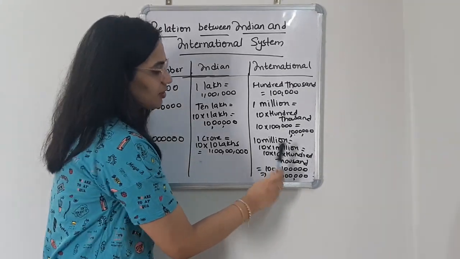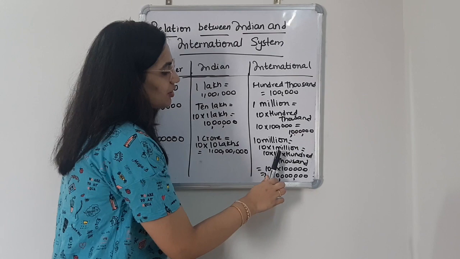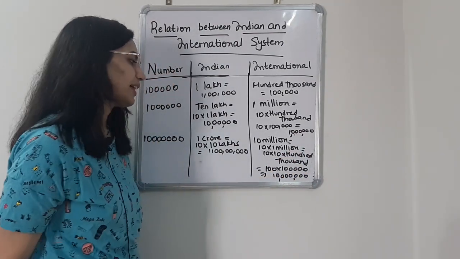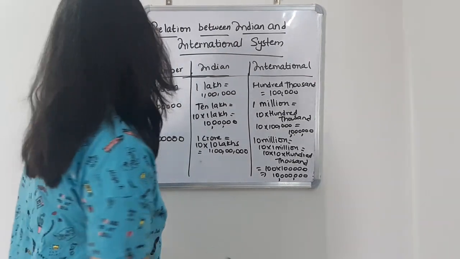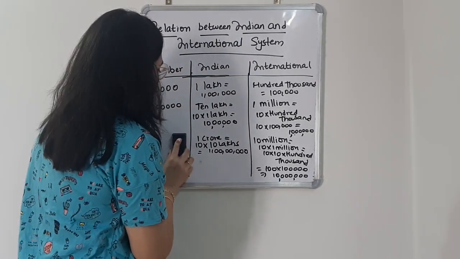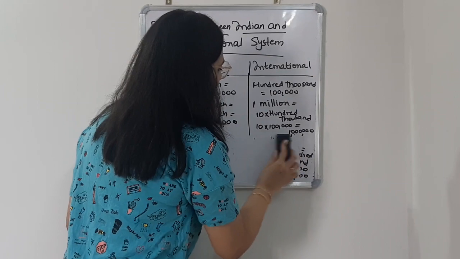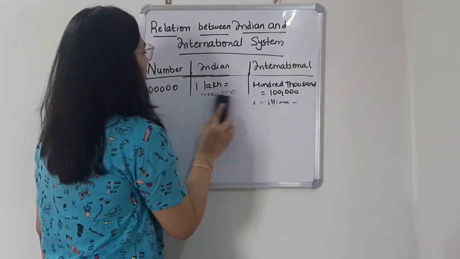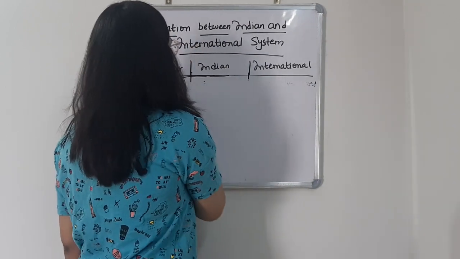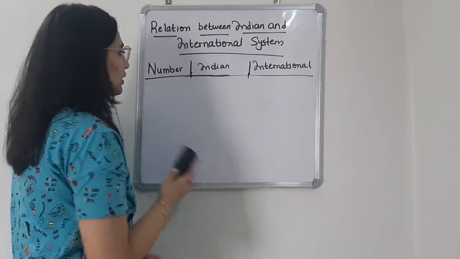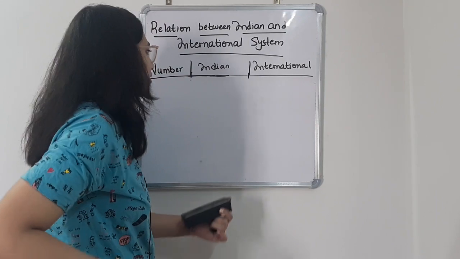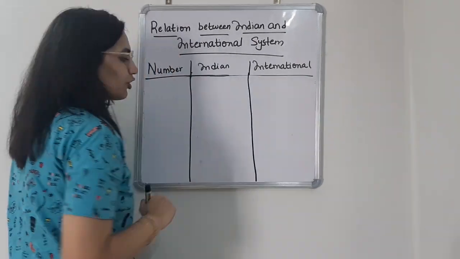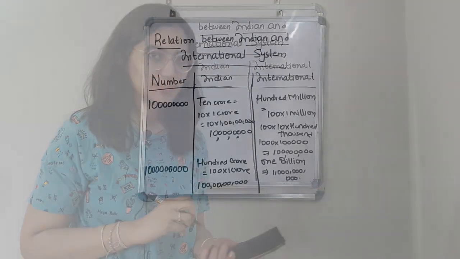So it will be 10 into 1 million. That is nothing but 10 into 10 into 100,000. That is nothing but 10 million. Okay. So in this form only, we can write numbers from 10 million to 1 billion.